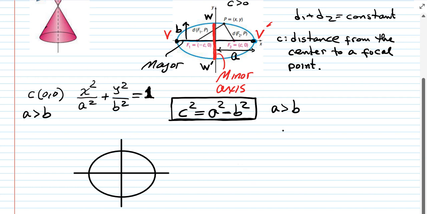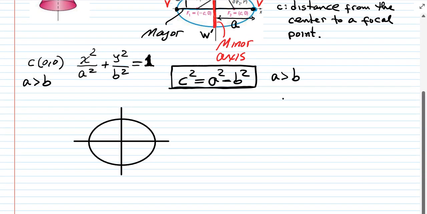A is greater than B, and because A is in the denominator that goes with X, and I think of X as a horizontal direction, here's a case where my ellipse is going to be a horizontal ellipse. Again, by horizontal ellipse, I mean that the major axis is horizontal. So I'm going to label my ellipse here now.